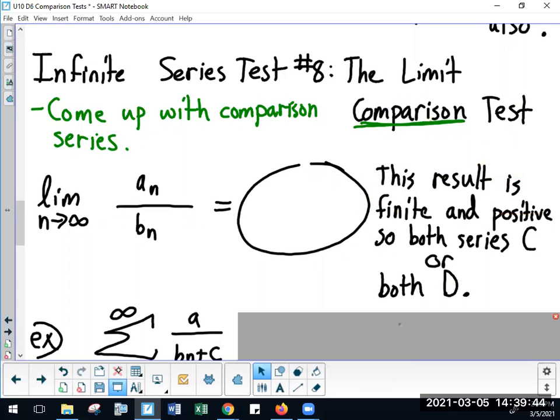That's what we'll be able to do here. So whatever the result is, so long as the result is finite and positive, we can say the original series takes on the same convergence or divergence behavior as my comparison series. Now this is why we can't just use the limit comparison every time instead of the direct comparison.